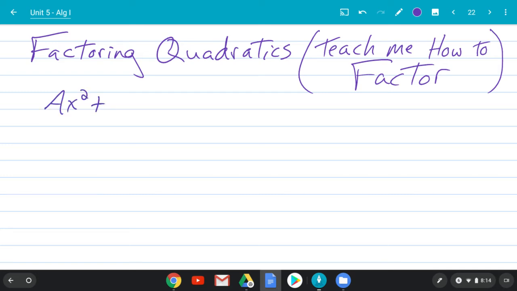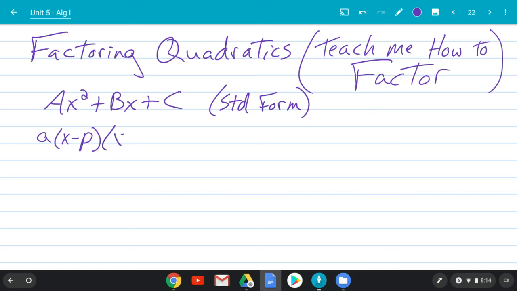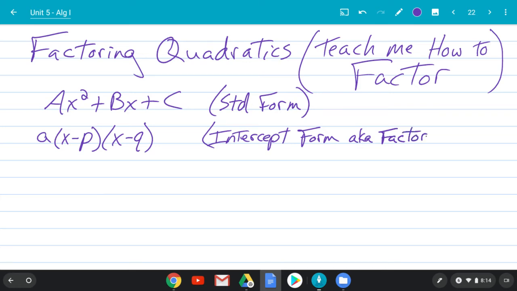Ax squared plus bx plus c. What is that? Standard form. Yes. Do you remember? a times x minus p times x minus q is intercept form, AKA factored form.